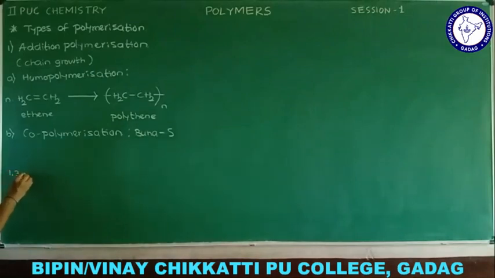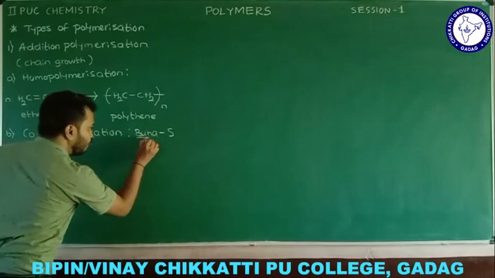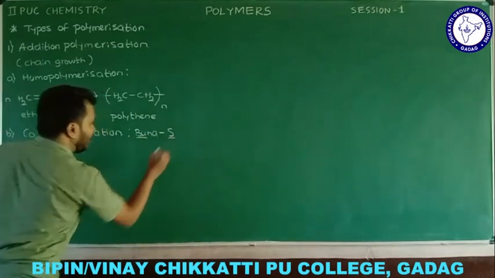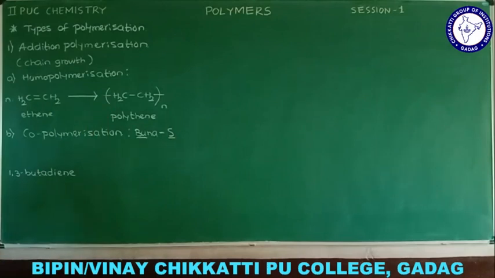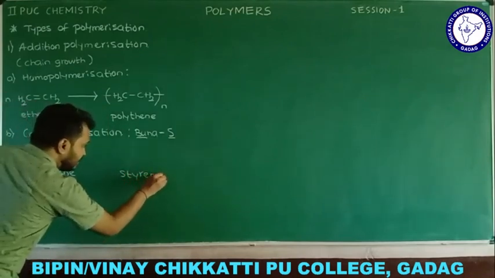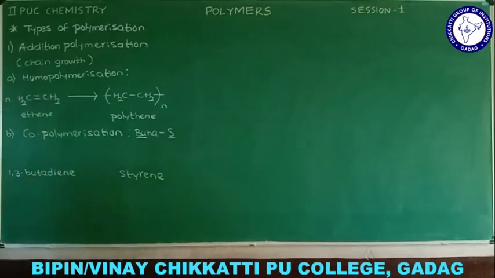Bu stands for 1,3-butadiene. That will be the first monomer. And capital S is one more monomer, and that will be styrene. So these two are the different monomers.